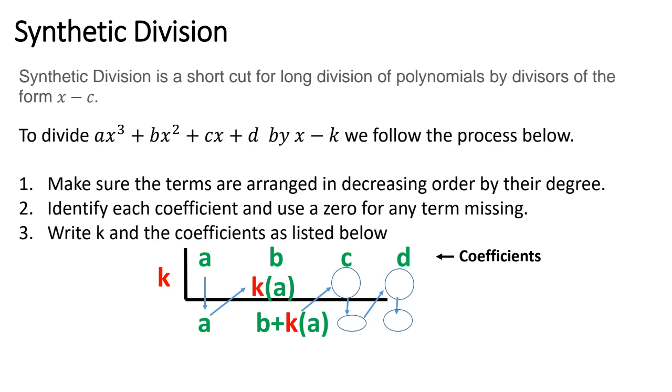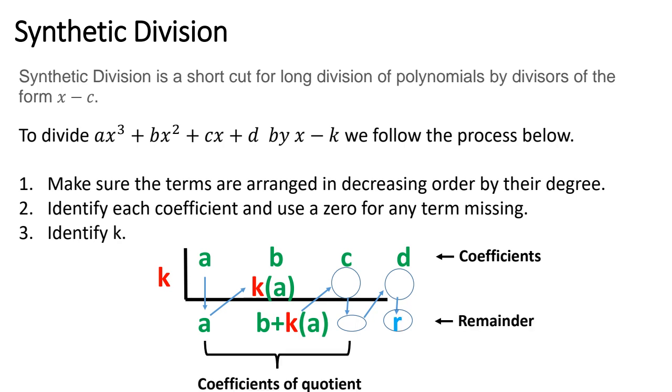Then I add the d. This last circle, because I'm out of terms, will be my remainder. So r is my remainder, and what's left over here are the coefficients of the quotient.